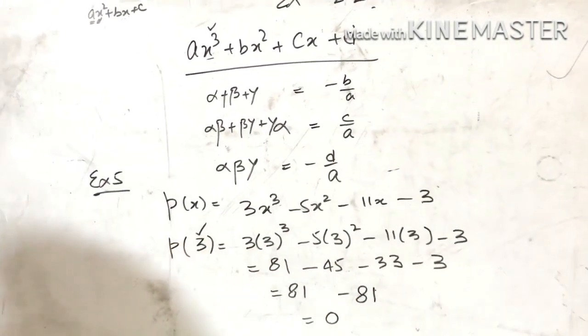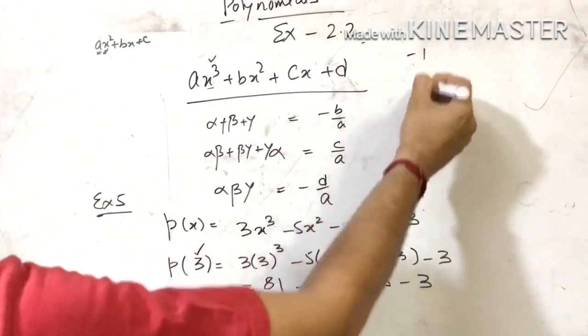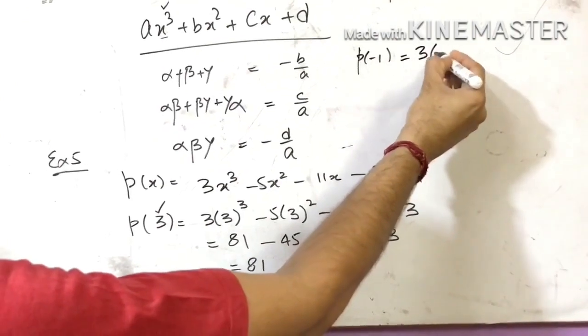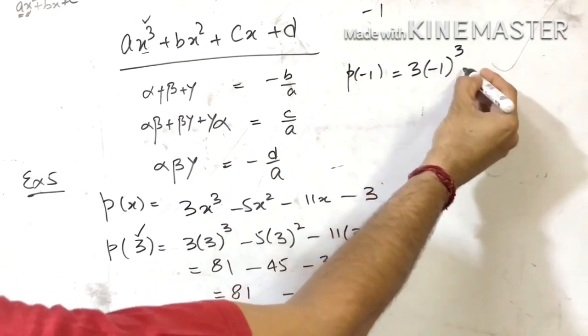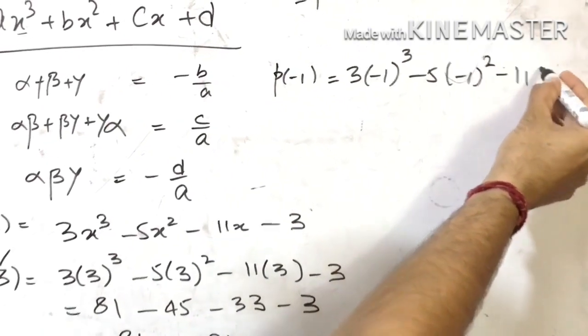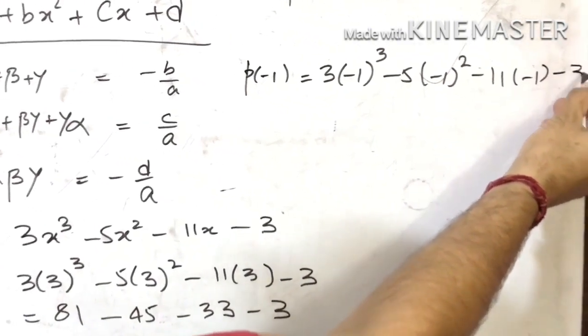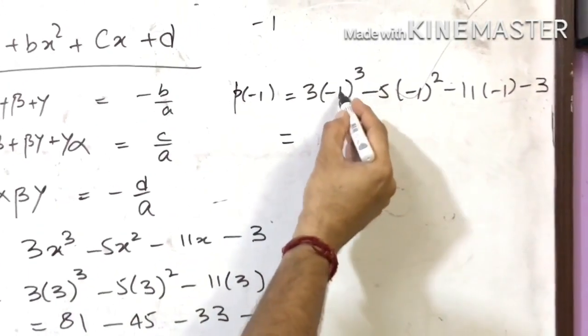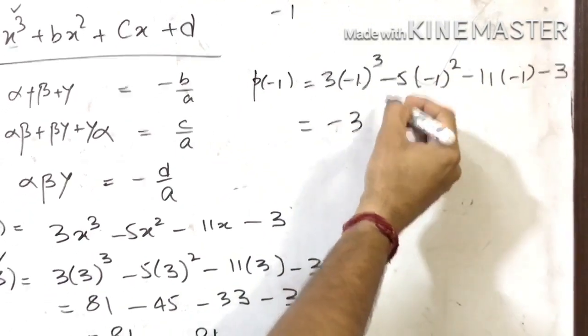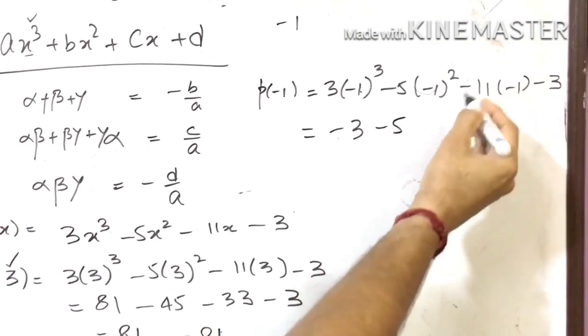Similarly, you have to find the second part. In the second part, you have to put minus 1, so that will be p of minus 1. Now you put minus 1 in place of x. Minus 1 to the power 3 is minus 1, so it is minus 3. Minus 1 square is plus 1, into minus 5, minus 5.